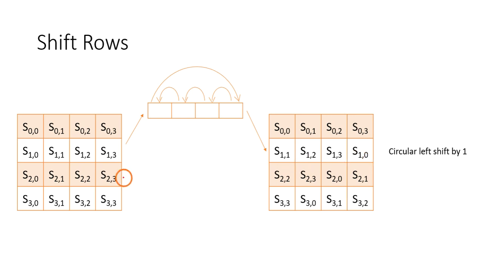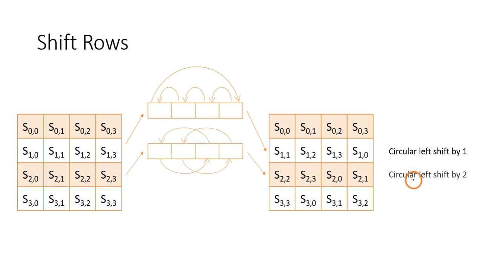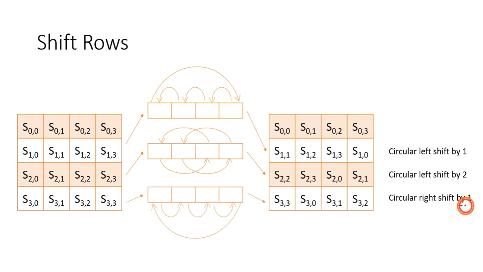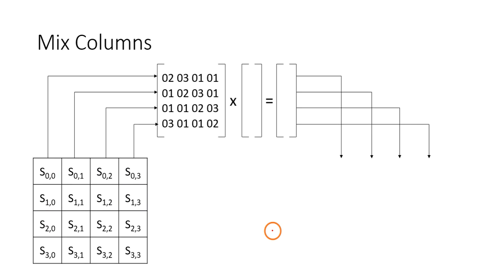The third row is a circular left shift by 2 positions. You can see S22, which is the third entry, is moving to first. And for the final row, it is a circular right shift by 1 position. So this is how the shift rows transformation works. This is also very simple.